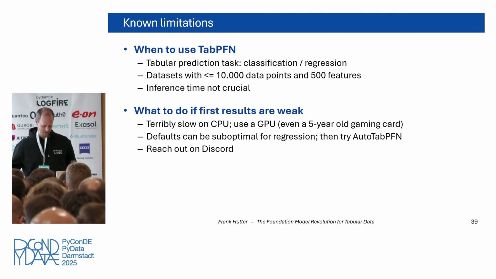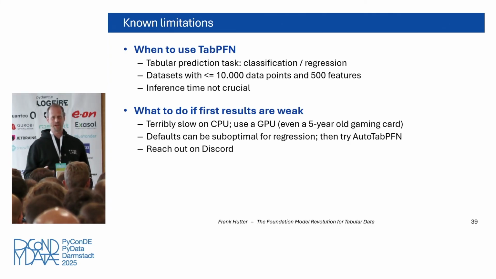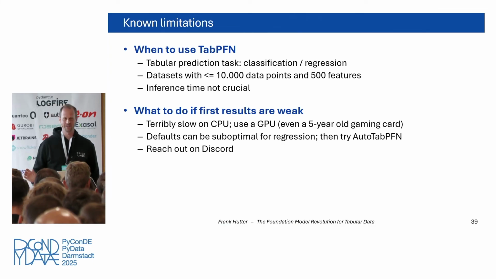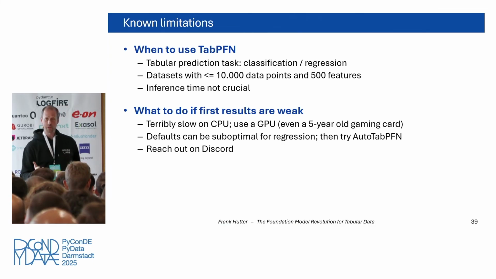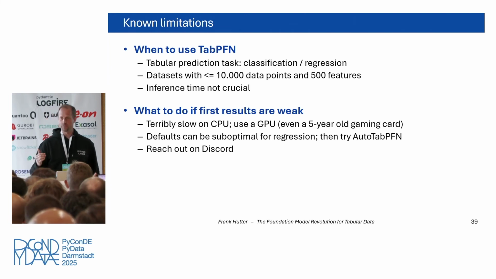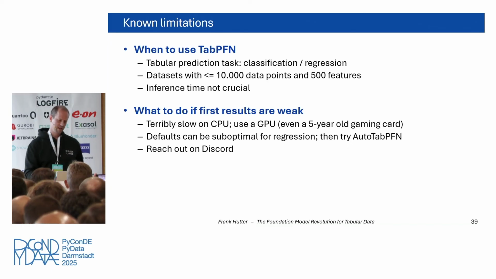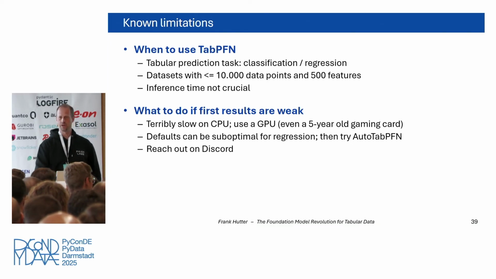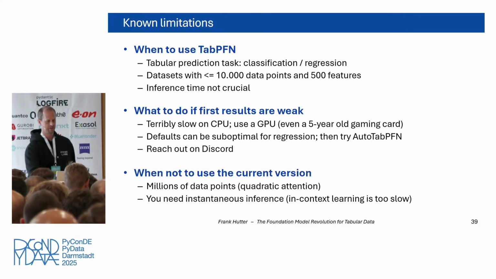Even like we used RTX 2080, so 5-year-old gaming cards. It's like 100 times faster than a CPU. The defaults can be suboptimal for regression, as we saw in many of the examples. Then we have this AutoTabPFN, which makes things a lot better. And we also have a Discord with over 500 people already. Please reach out there if you have issues.